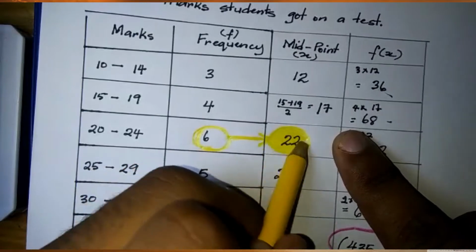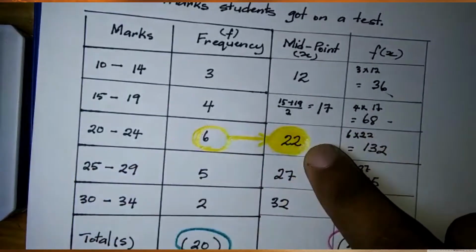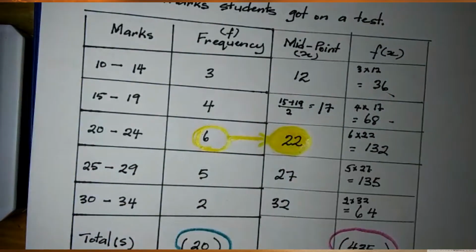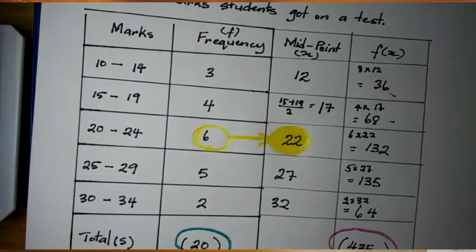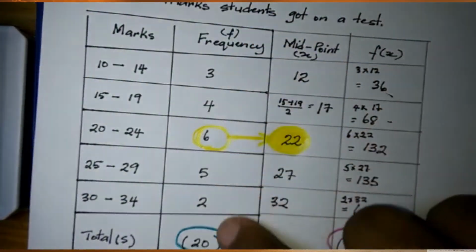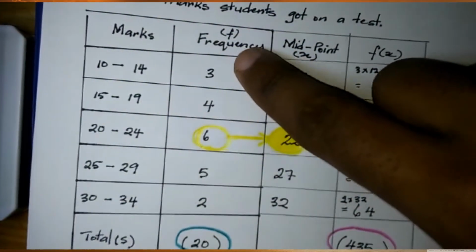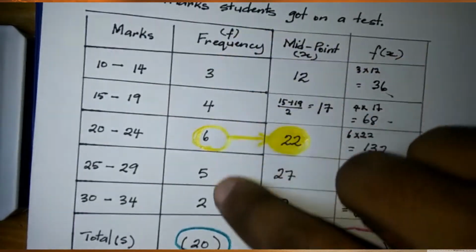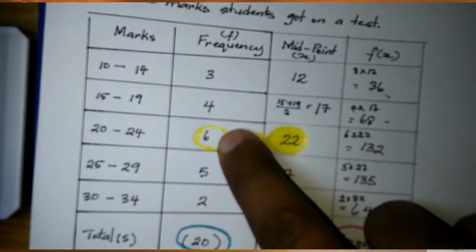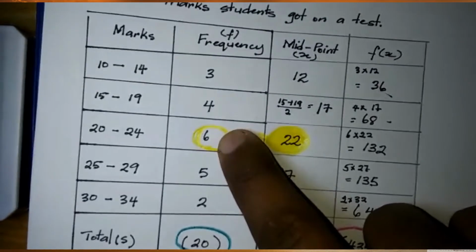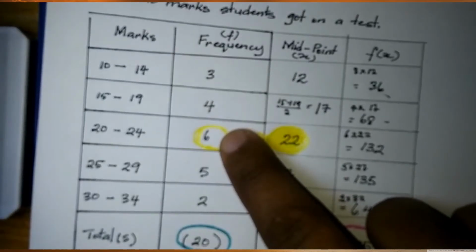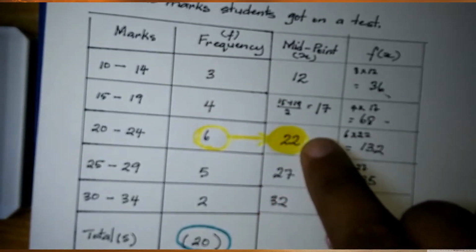So the mode is the 22. So let's go again. You look for the highest frequency, not the total though, but the highest frequency. You pick it out, and it is the midpoint with the highest frequency, which is the 22 in this case, right?